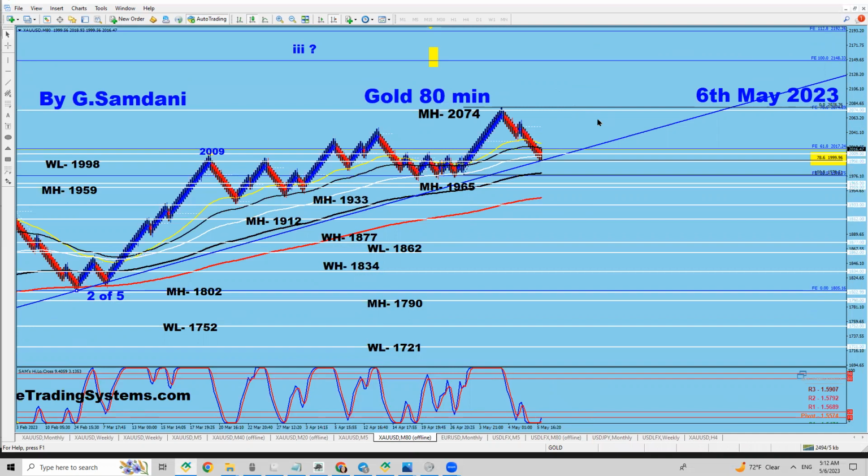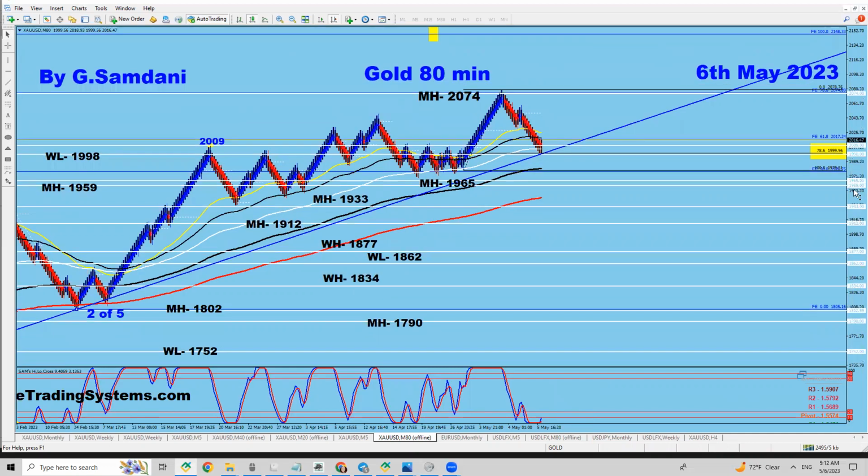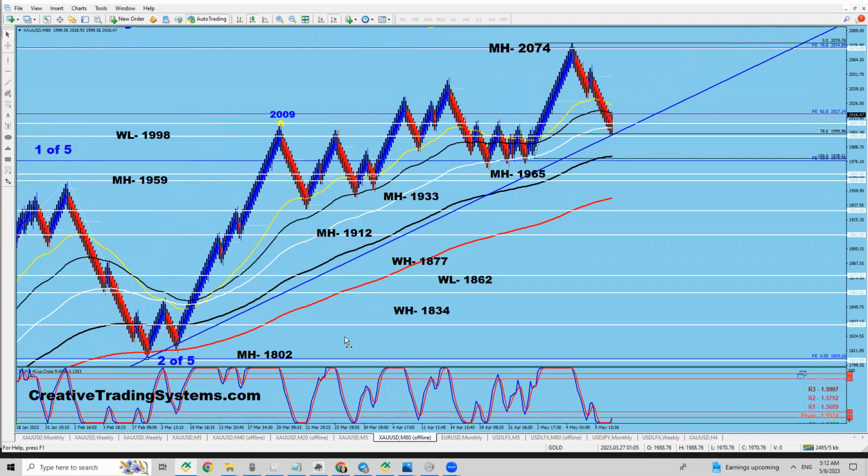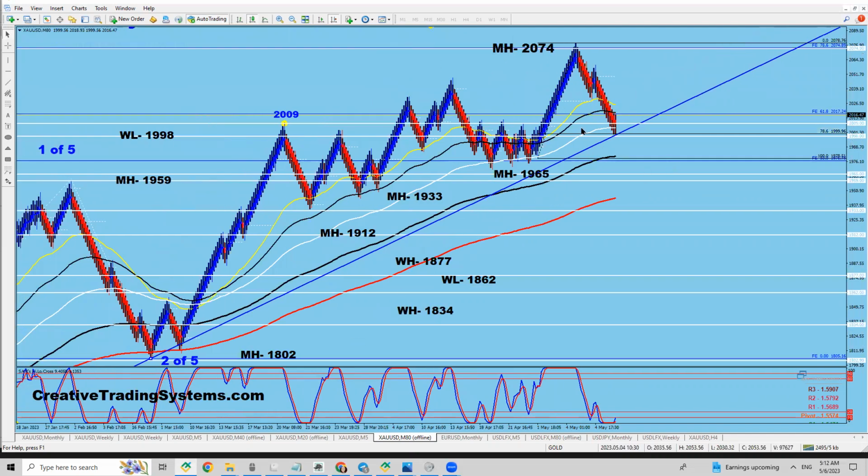I think gold is going to go bouncing from here at 23 something. So let's see what happens. This is where I stand in gold. Hopefully even 1998, but see this high is 2009. You must stay above this in order to go to the upside. Just keep in mind that level, 2009.